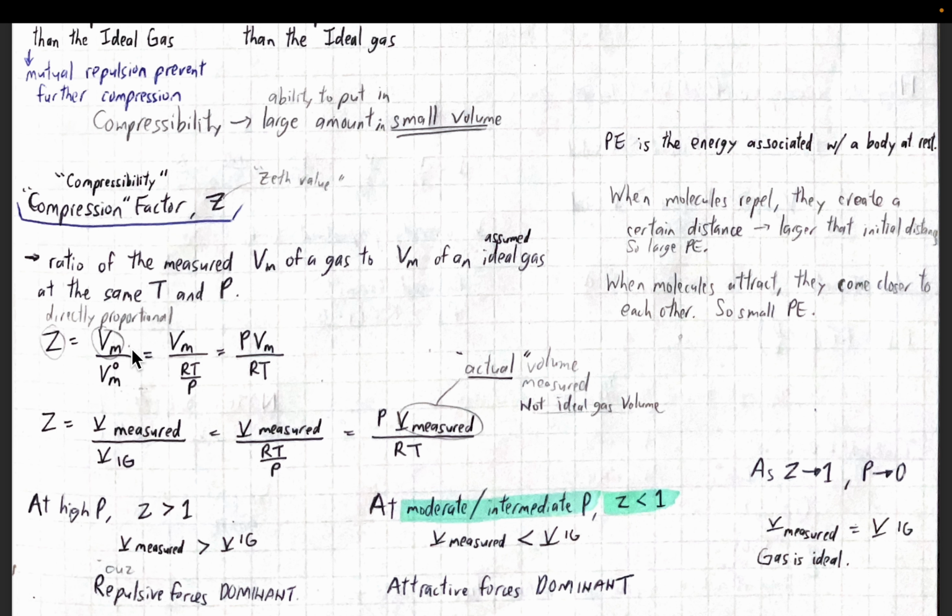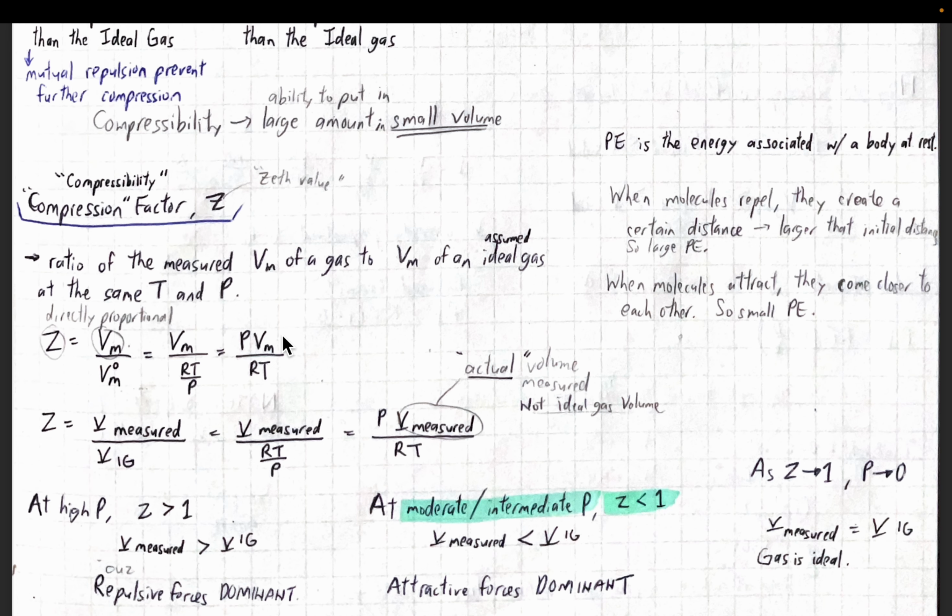Okay, so you can write it as, well, the ratio is expressed as a fraction. So molar volume of the gas and the molar volume of an assumed ideal gas, so that's going to be in the denominator. And then since molar volume is V over n, coming from the ideal gas equation of state, that is equal to RT over P. So from there, not really transpose, but move the pressure to the numerator.